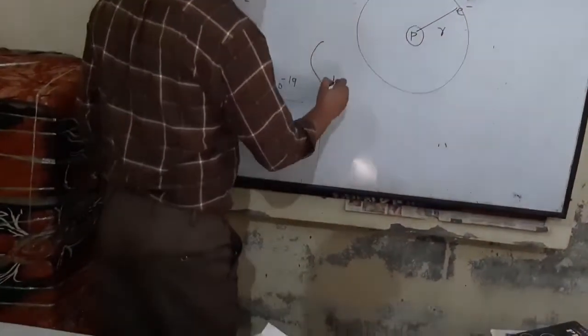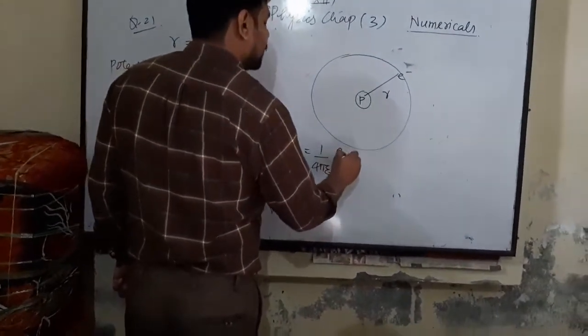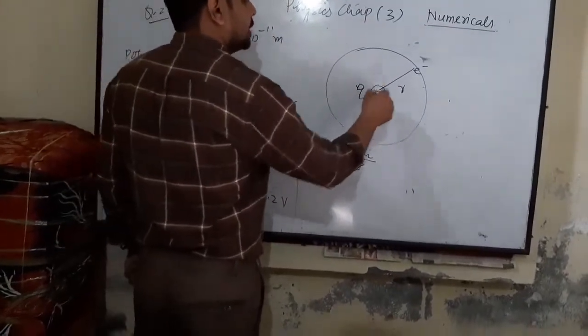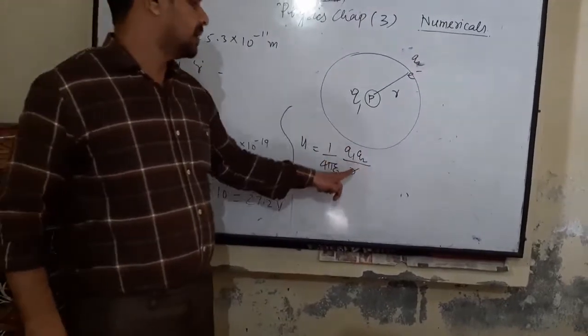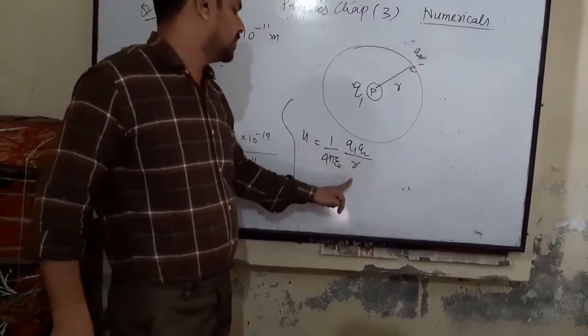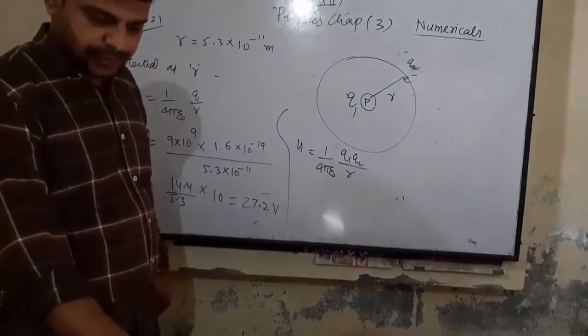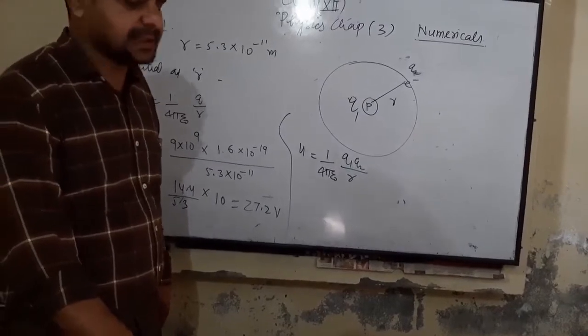Electric potential energy is given by 1 over 4 pi epsilon naught Q1 Q2 upon R. Here Q1 is the proton and Q2 is the electron. Place the charge of the electron and proton here and place the value of radius R, and you can calculate this U. In the next part, what would be the electric potential due to a helium nucleus at the same radius?